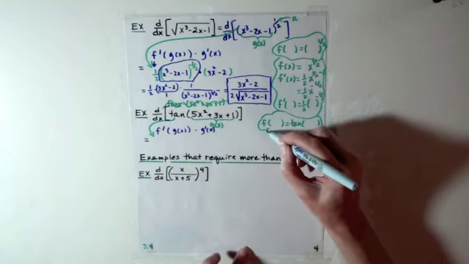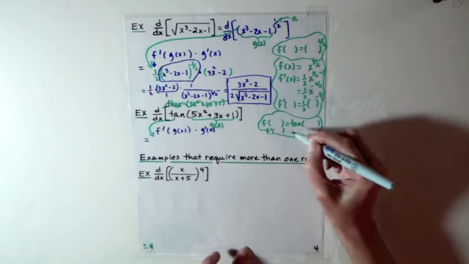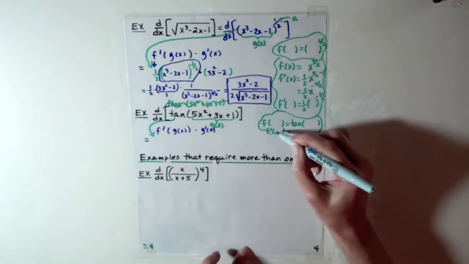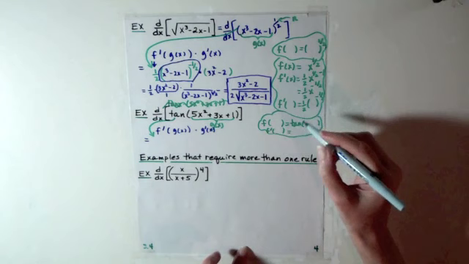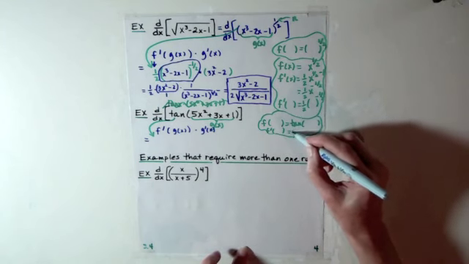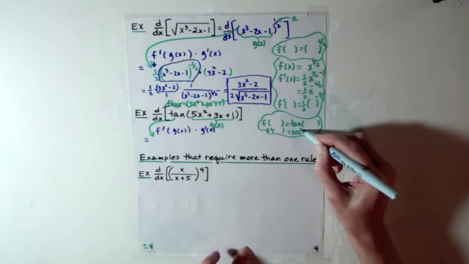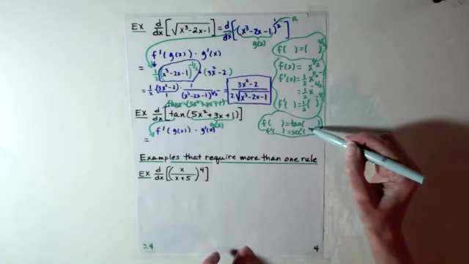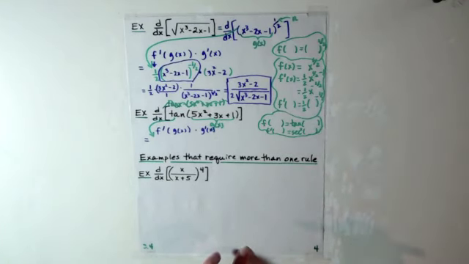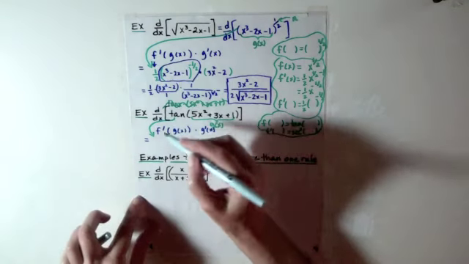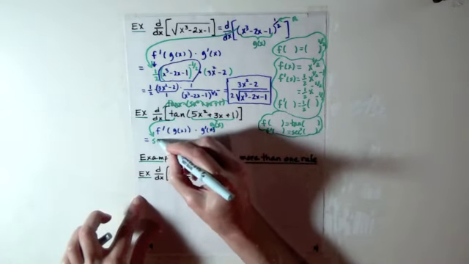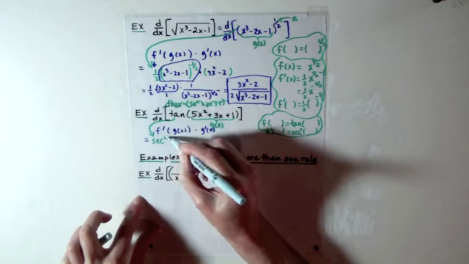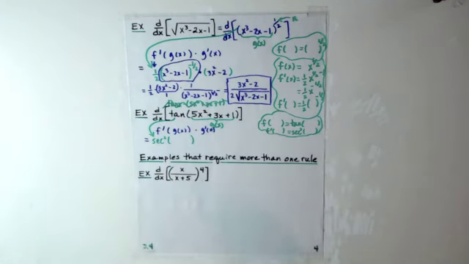So the derivative of the outer is secant squared of whatever I'm plugging in. So that's the derivative of the outer function.